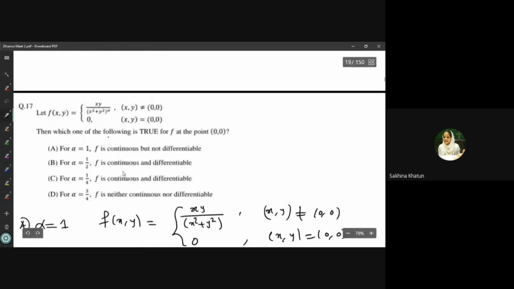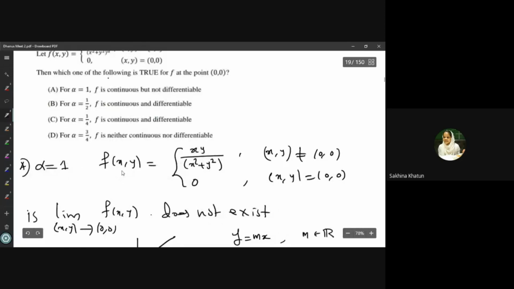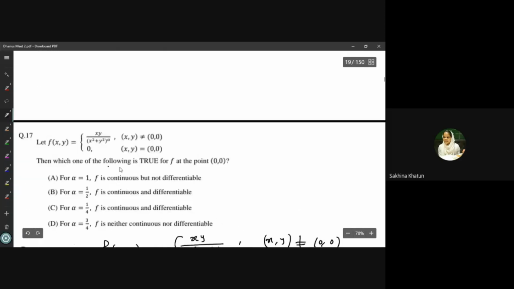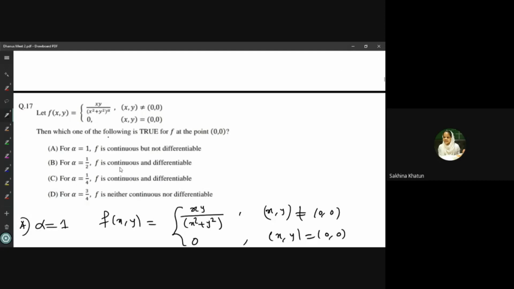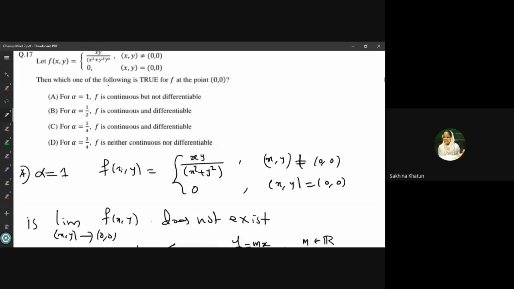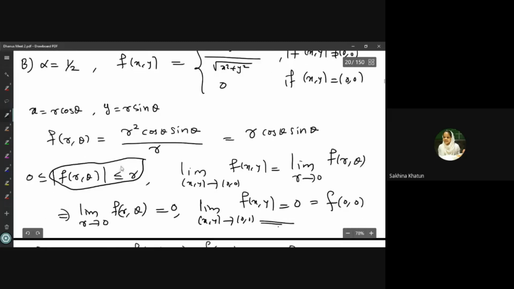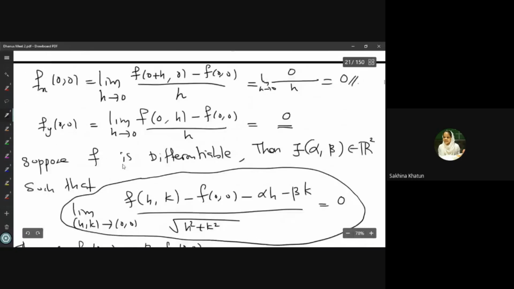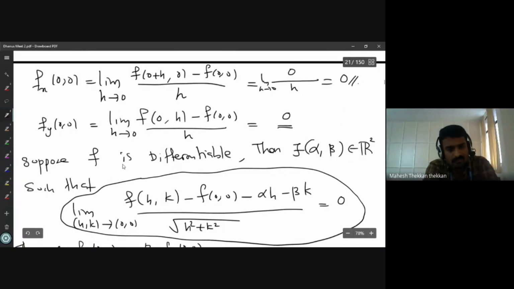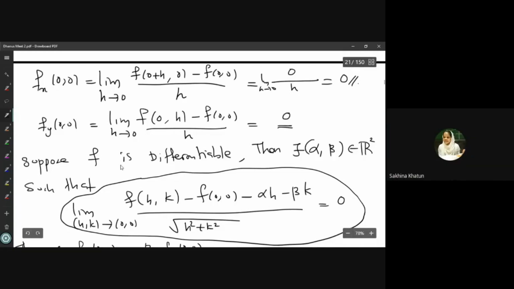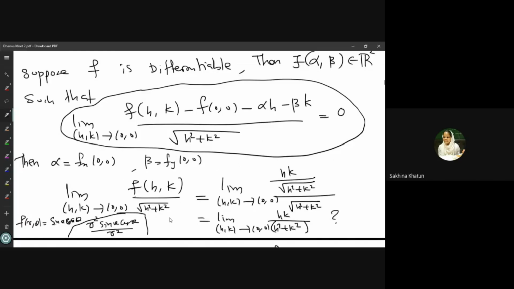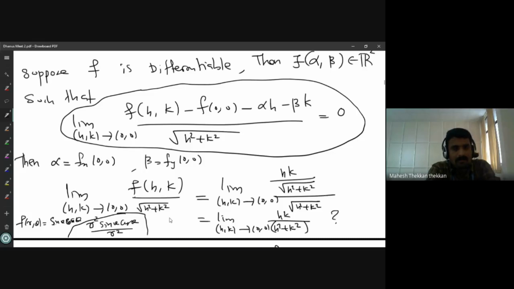Here, for alpha equal to half, we saw that when we took alpha equal to half, then... Yeah, you can.